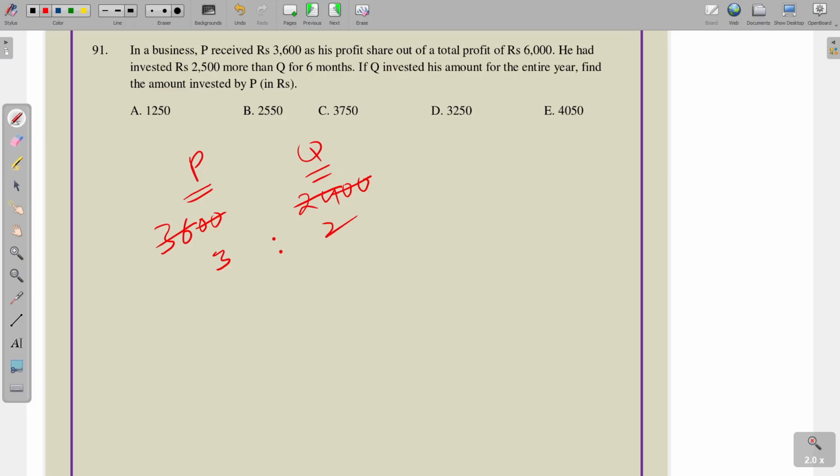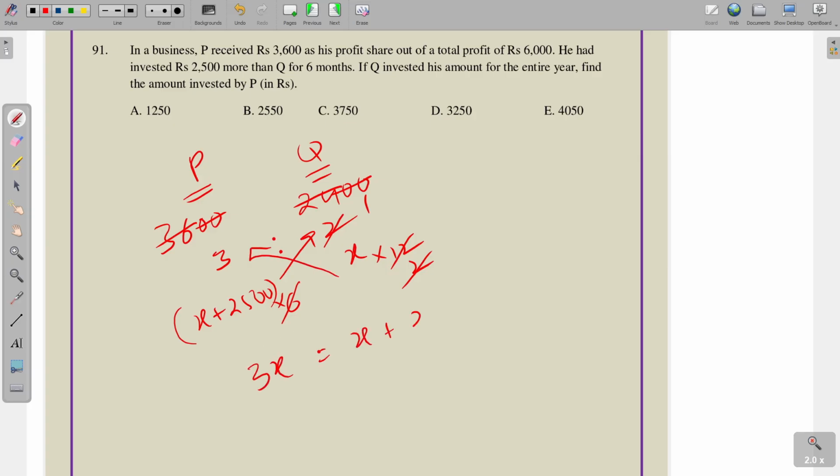P had invested 2,500 more than Q. If Q is x, P is x plus 2,500, for 6 months only. Q invested for 12 months, the entire year. So 6 times 1, 2 times 2, the 2 cancels. Cross multiplication: 3x equals x plus 2,500.